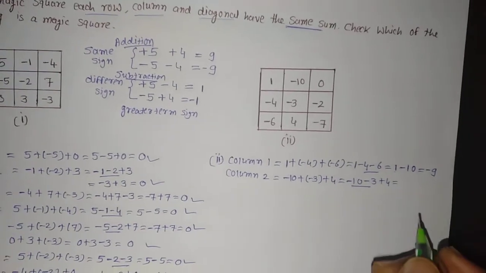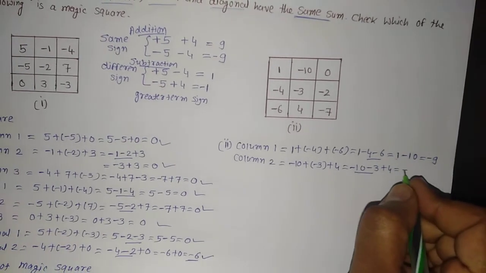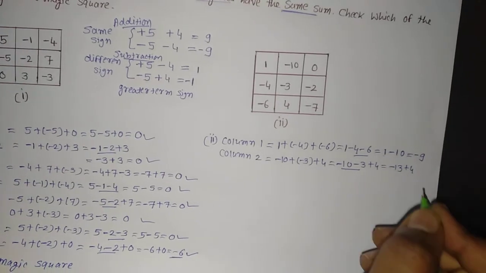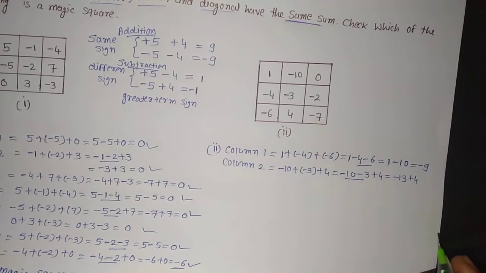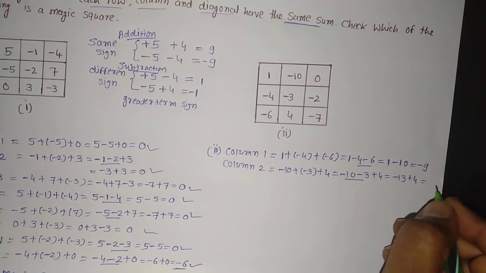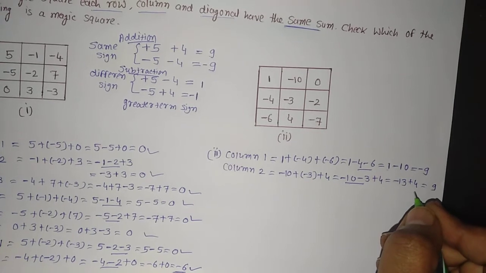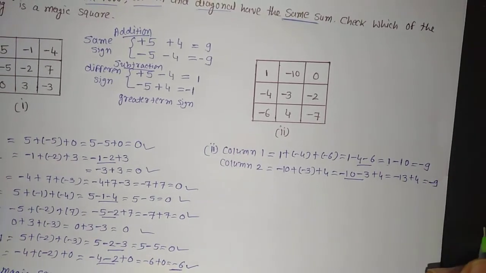These two have the same sign, 10 plus 3, that is 13 with the negative sign, minus 13, and this is plus 4. Minus 13 plus 4, calculate how much difference there is. That is also equal to 9. Out of this 13 and 4, which one is the greater term? That is 13, which has the negative sign.